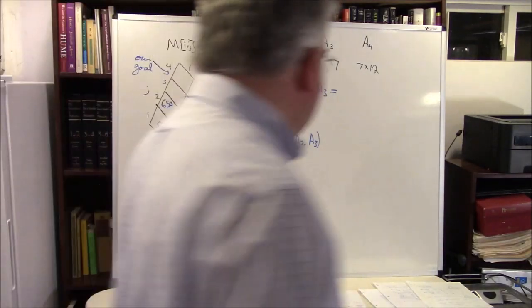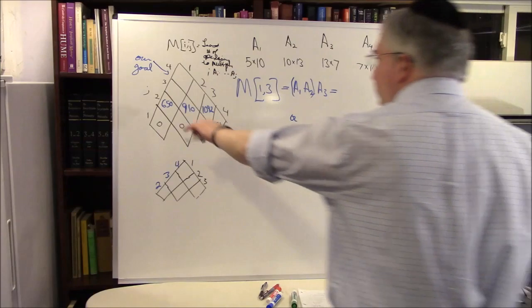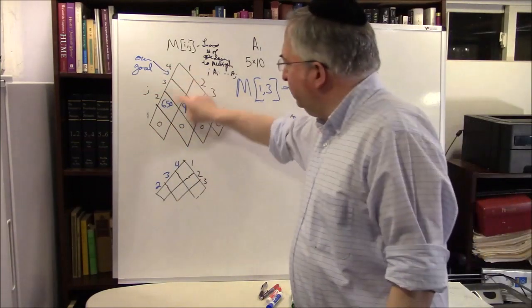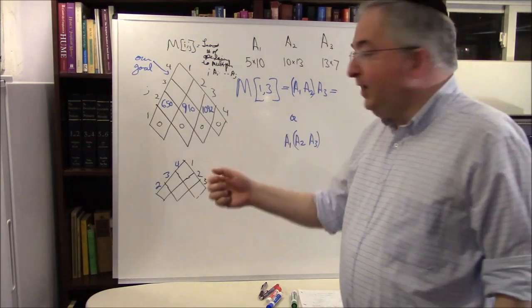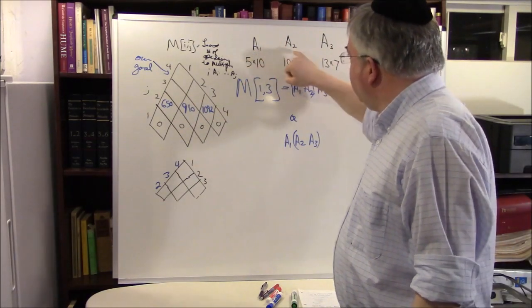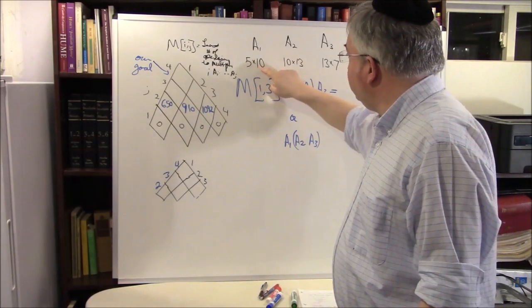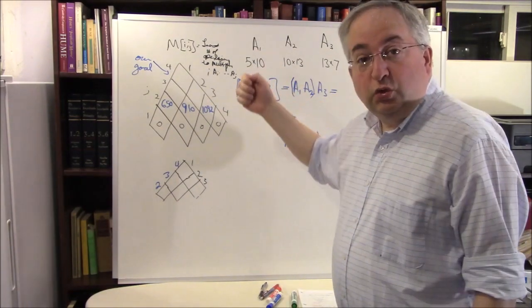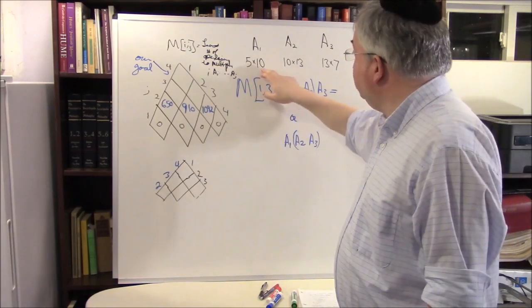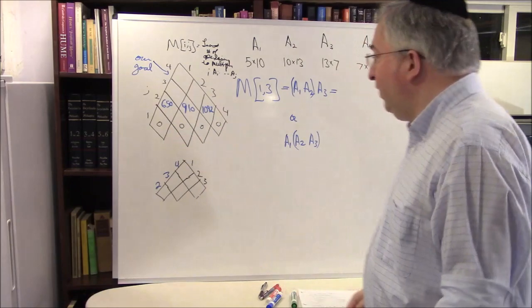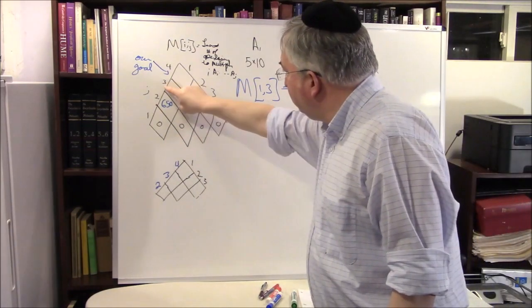Great. The first thing to do is to get these numbers, 1 to 2. How do you multiply the first matrix times the second matrix? Answer, 1 to 2 is a 5 by 10 and a 10 by 13, which is 5 times 10 times 13, which is 650 operations. The next one is 2 to 3.